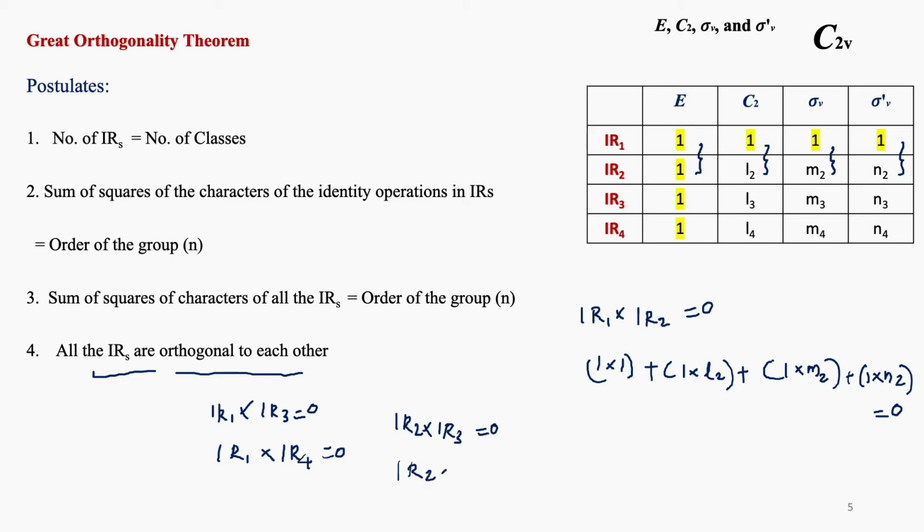IR2 will be orthogonal to IR4. And IR3 will be orthogonal to IR4. So that is the postulate. All the irreducible representations are orthogonal to each other. So keeping all these things in mind, let's solve the problem.